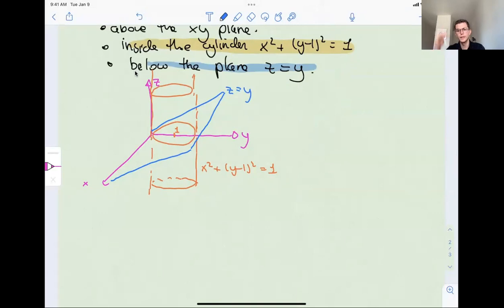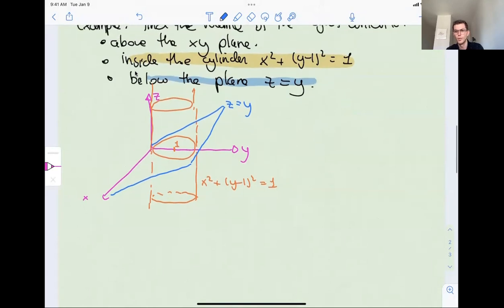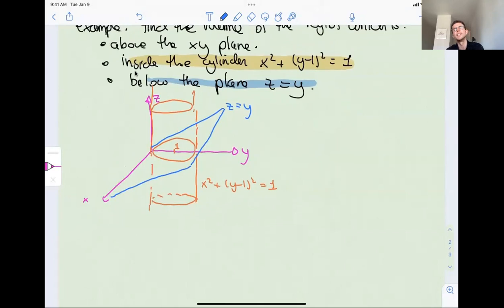In these problems, whenever you have equations, you should first rewrite them in terms of polar coordinates or cylindrical coordinates, because those are the ones we're going to use. So how would you write the first equation, the blue equation, in cylindrical coordinates?